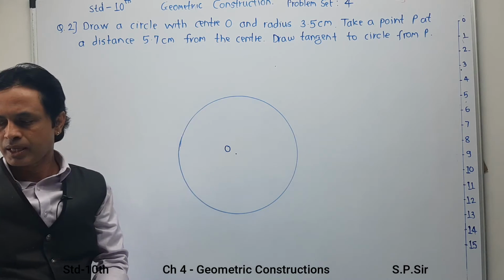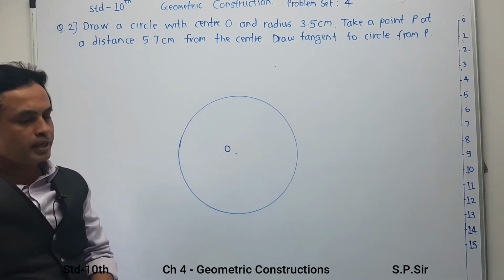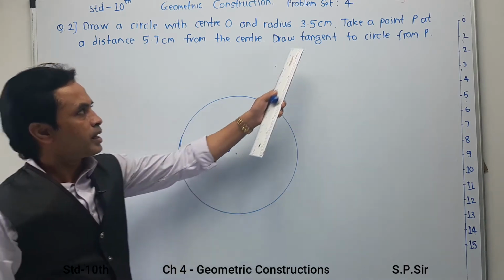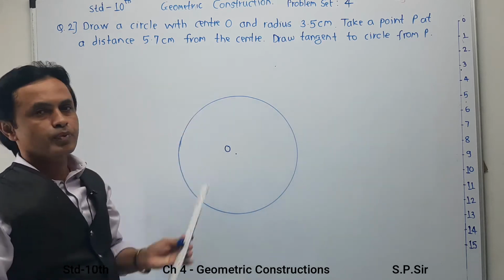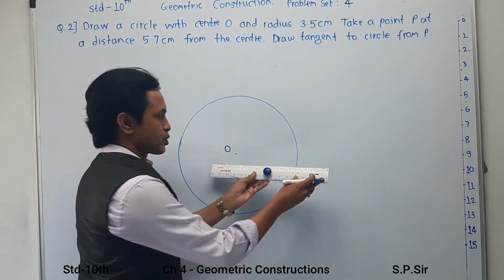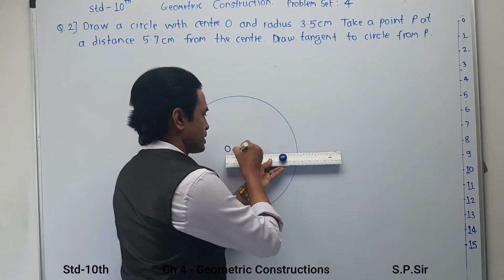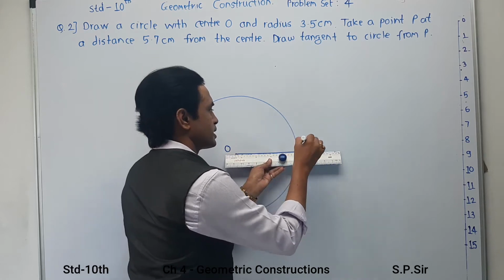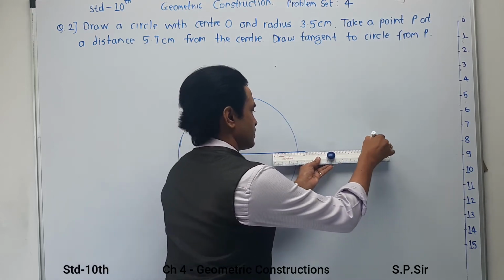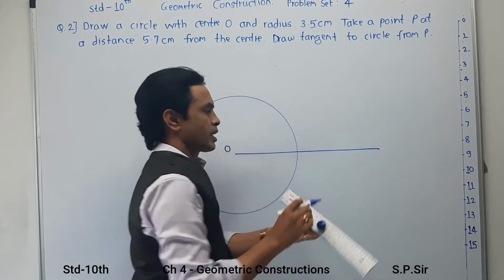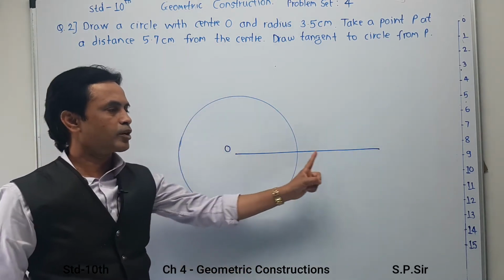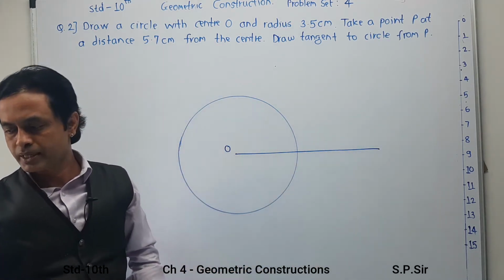Now the next part: when we have completed the circle, the second part is to take a point P at a distance 5.7 centimeter. So here I am going to take a radius and extend that radius outside the circle. And now from the center I have to take a distance of 5.7 centimeter.